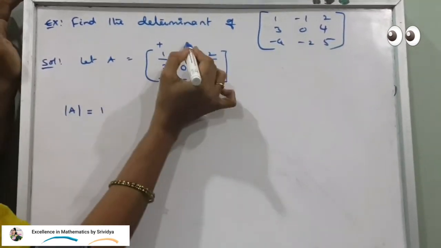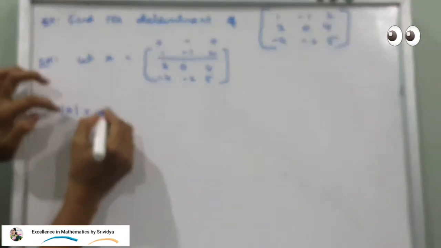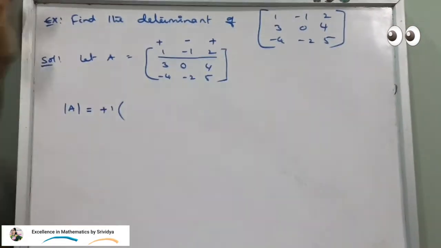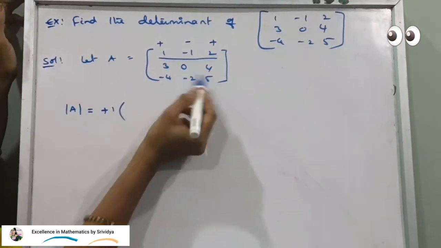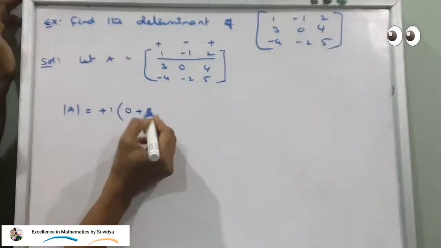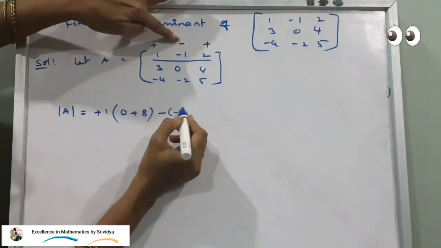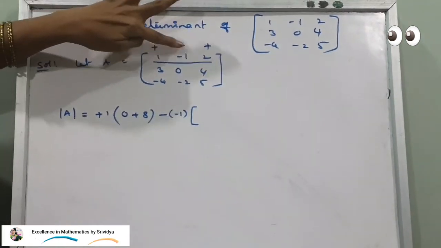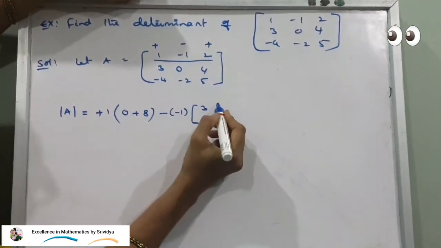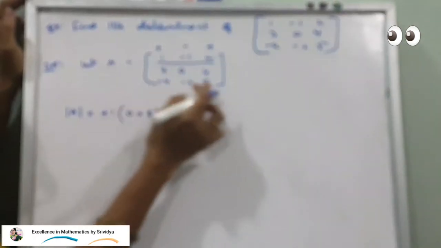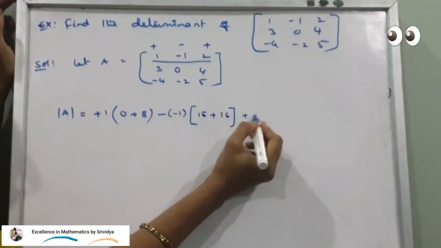the cofactor of the first row, first element, with alternate plus, minus signs. Plus 1 into the cofactor of 1, which is 0 minus into minus, plus 8, minus of minus 1 into, eliminating this row and column, the submatrix 3 4, minus 4 5: 3 into 5 is 15, plus 16, which is 31.